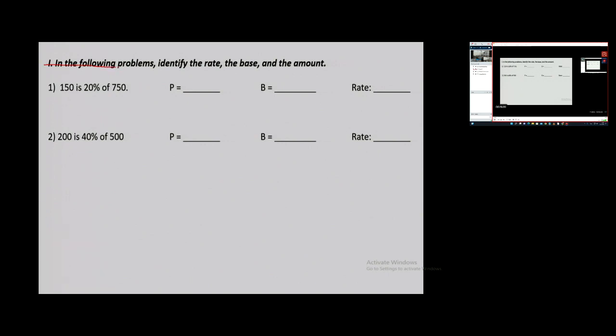Now, can you try to answer this in your notebook? No need to copy everything. Only this one and 2. Answer this. Identify the percentage, the base, and the rate.